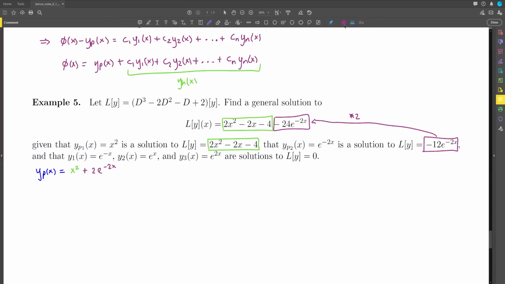So now we want to take a look at the homogeneous part. yh of x equals c1 times y1 of x plus c2 times y2 of x plus c3 times y3 of x. And that gives us c1 e to the power negative x plus c2 e to the power x plus c3 e to the power 2x.